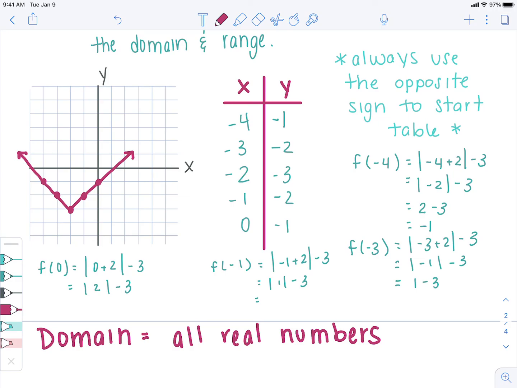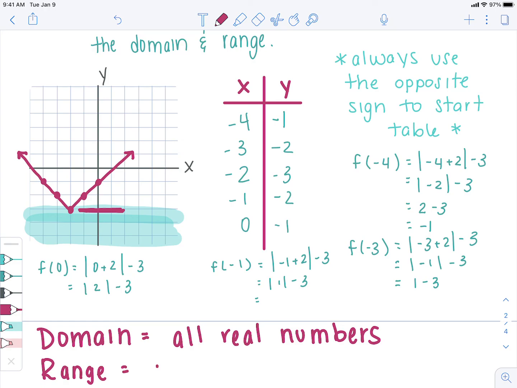And the range is our y values, right? Our range is going to be a little bit different, because notice when I look at my graph, I don't have anything down here, right? There's no graph down there, but then my graph is going up forever. So I have to find the y value for my vertex. My range will start at that y value.